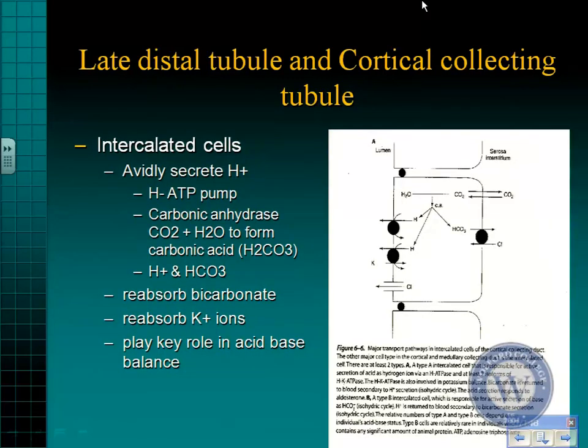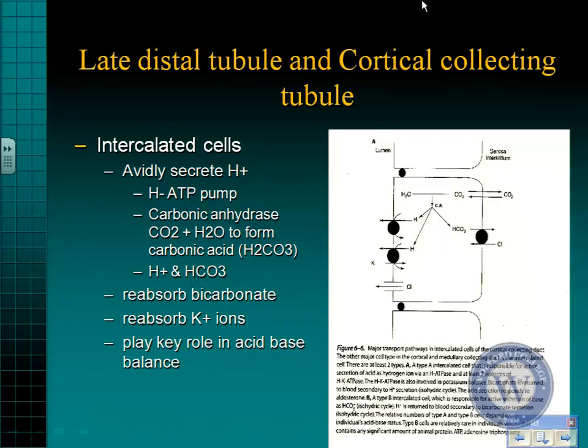If you look at the intercalated cells, their job is to basically get rid of hydrogen ions. Now, how do you remember which cell is doing what? The way I remember it is ions for intercalated, intercalated for ions, and the most important ion that you want to get rid of is usually hydrogen. It's a cation, of course, but it is a form of ion.